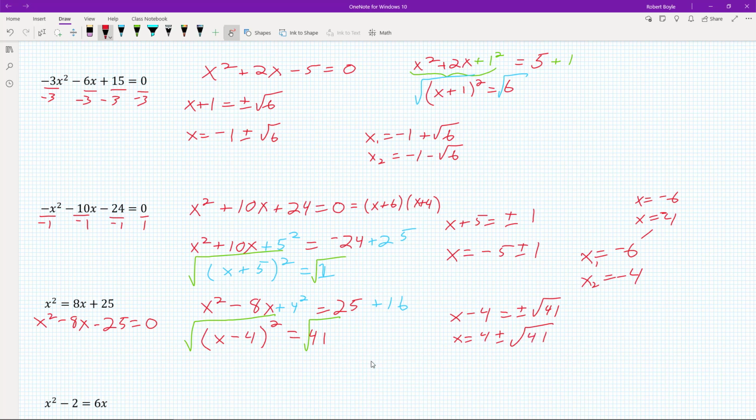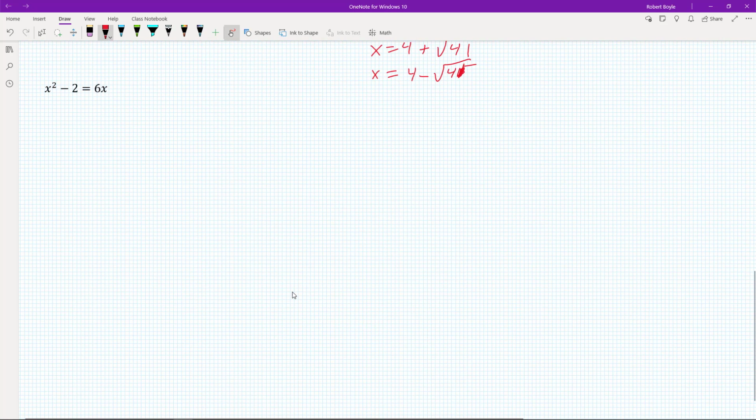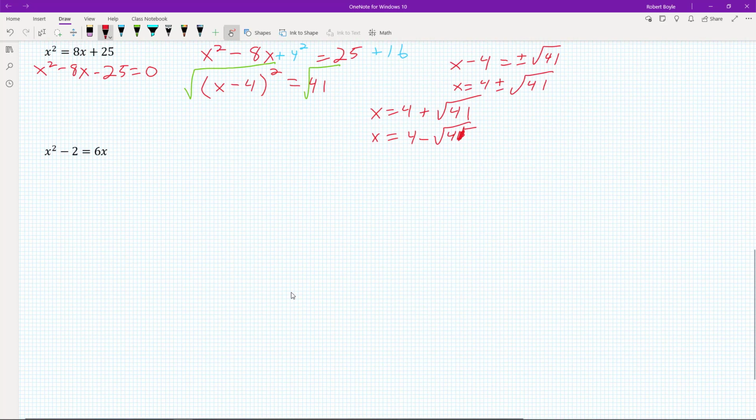And our two solutions will be x is equal to 4 plus root 41, and x is equal to 4 minus root 41. Sorry about that, that should be a 1.